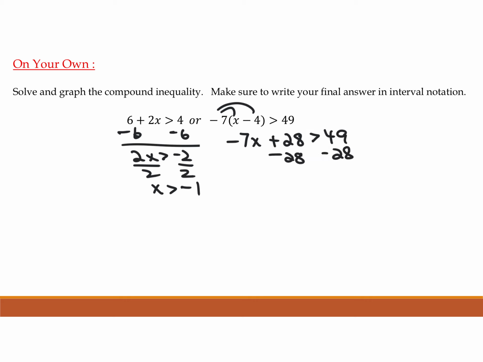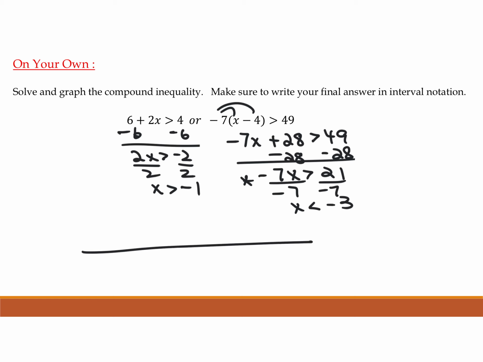Subtract 28. And negative 7x is greater than 21. Divide by negative 7, which means I have to flip that inequality, and I get x is less than negative 3. This is an OR, so my graph should go in opposite directions.